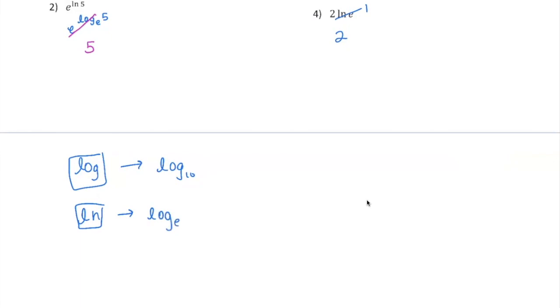And so when you're evaluating on your calculator, just keep in mind that this log button is only dealing with that base of 10. And so after looking through your homework problems, it looks like you're just going to be evaluating natural logs in your calculator. So they give you an expression, and you're just going to be using your natural log to evaluate whatever they give you in your homework practice.